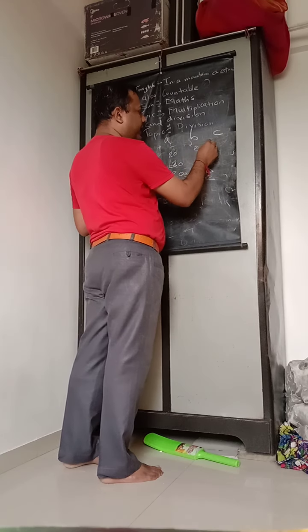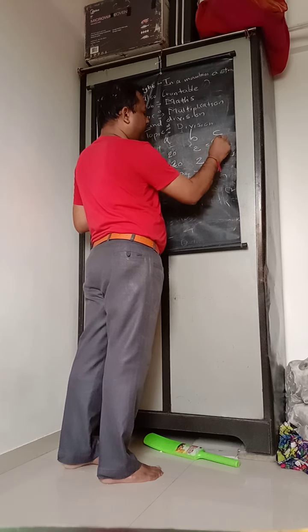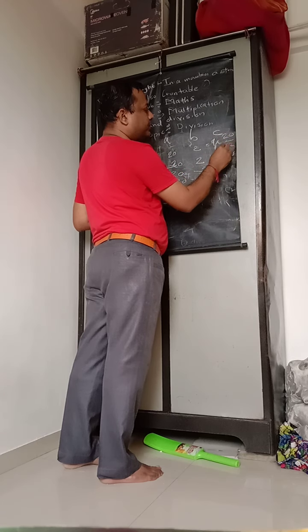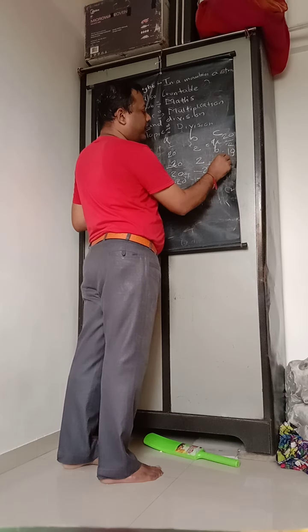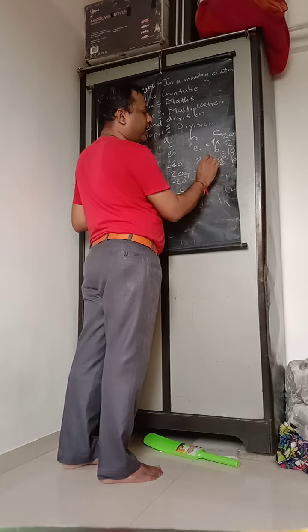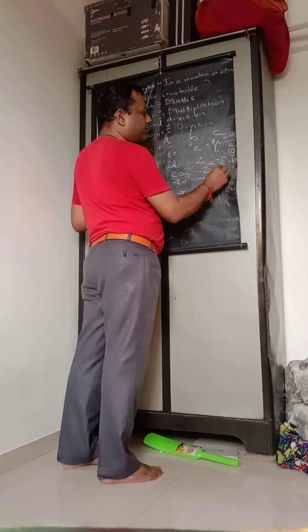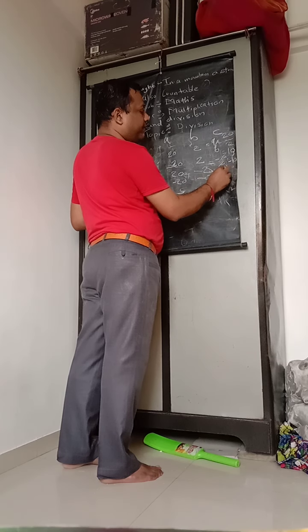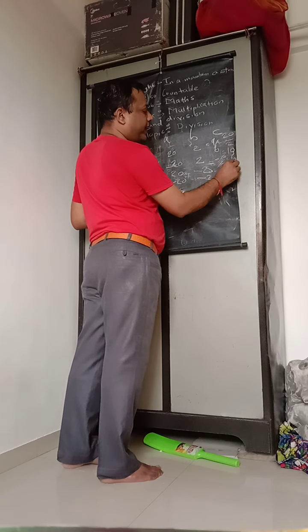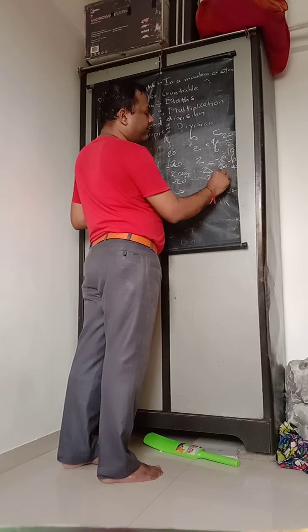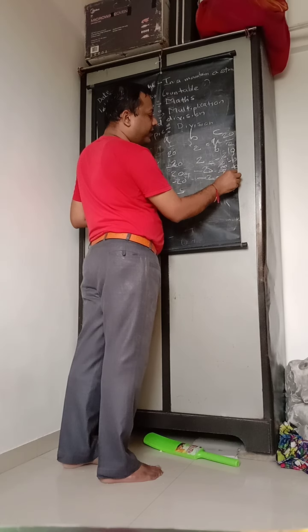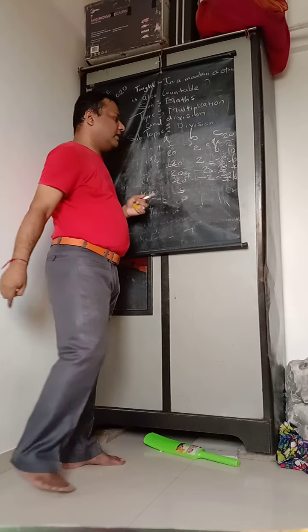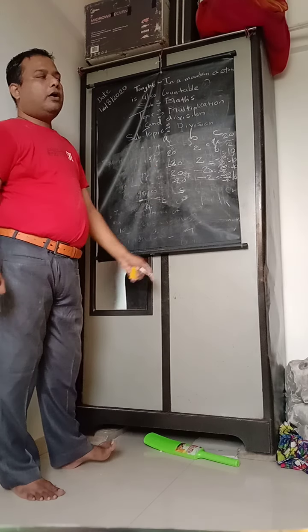So how does it come? A divided by B means 20 divided by 2, your answer is 10, positive sign. Then minus 20 divided by 2, first you divide the numbers, it comes 10 and the sign is minus. Then 20 divided by minus 2 is also 10, with a minus sign. And when you do minus 20 divided by minus 2, your answer is 10. So this is the example of division.